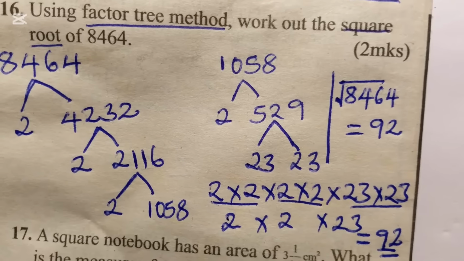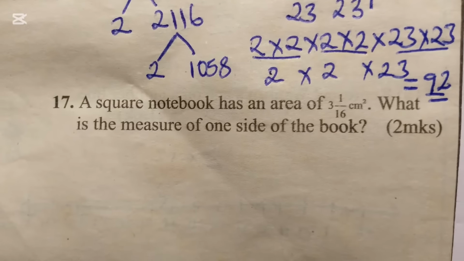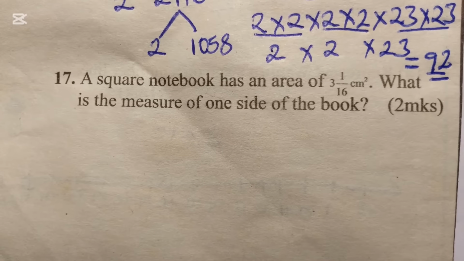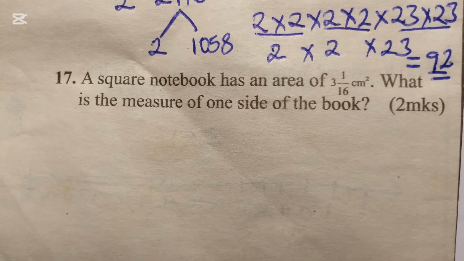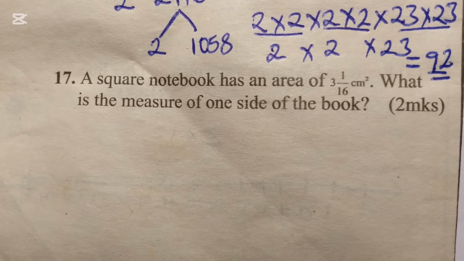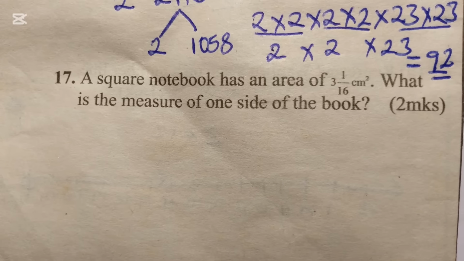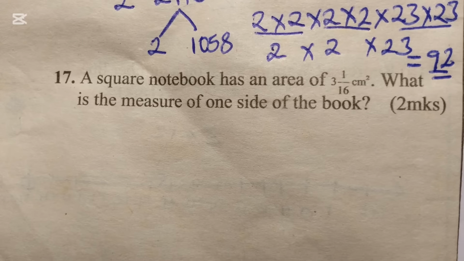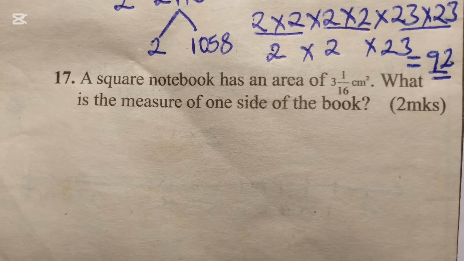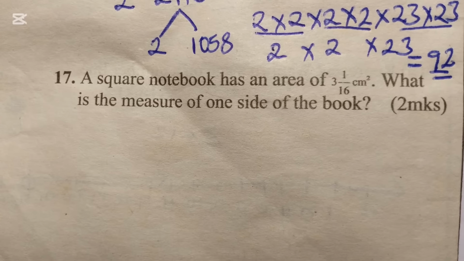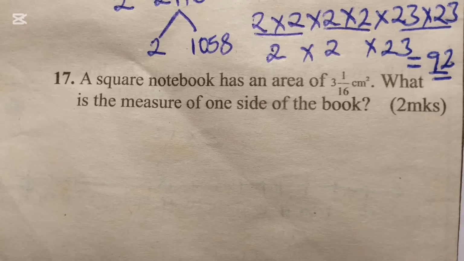The next question, let us proceed to the next question. A square notebook has an area of 3 1/16 square centimeters. What is the measure of one side of the book? 2 marks.